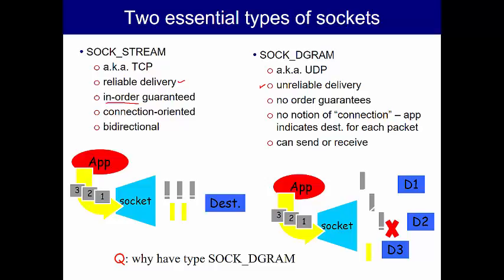Sock stream is connection oriented. So in order to send the email completely and properly, while it is sending, it should be connected. Otherwise, you will lose data. For example, in this diagram, this is your application. You want to send the data.